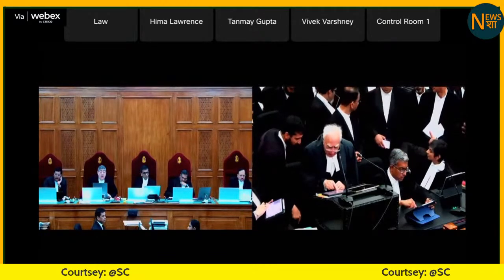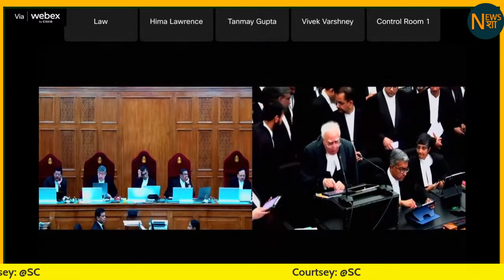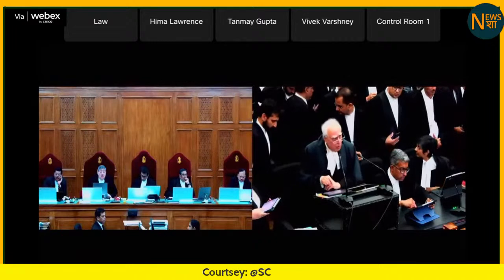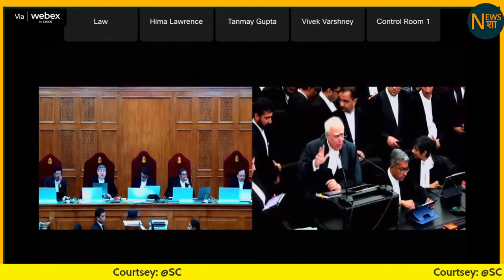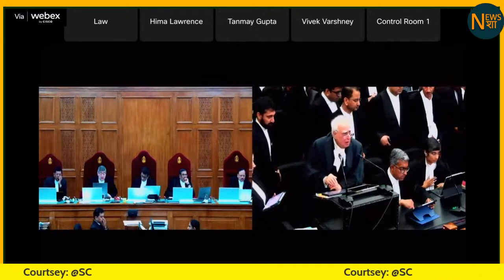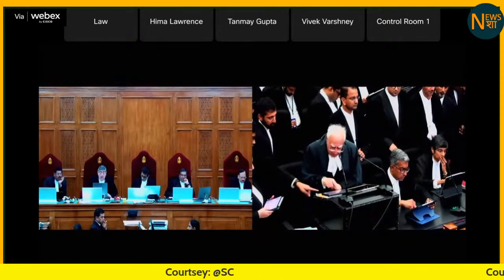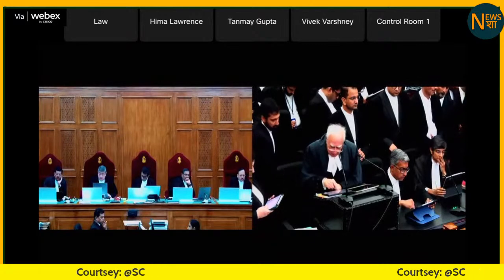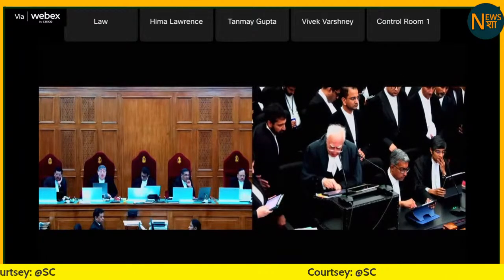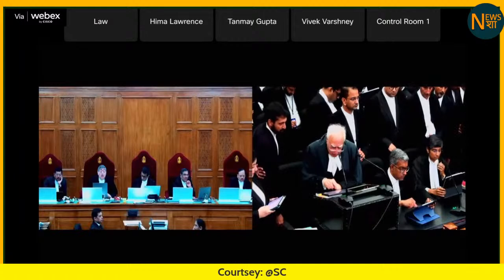Now, My Lord, kindly see, this is the Constitution of India as applicable to Jammu and Kashmir just before abrogation of 370. Which page, Mr. Sibal?